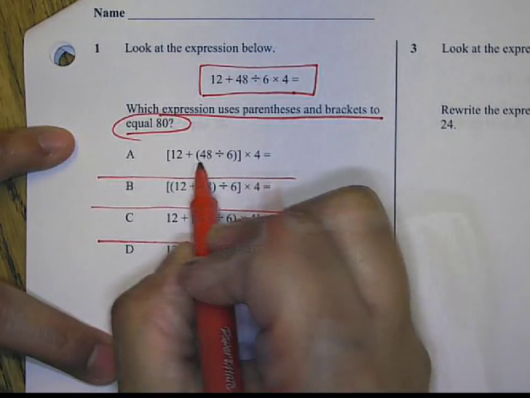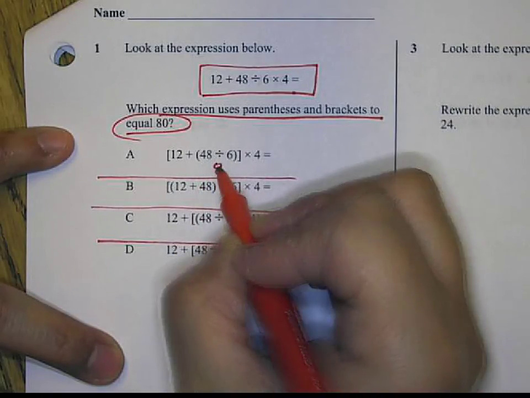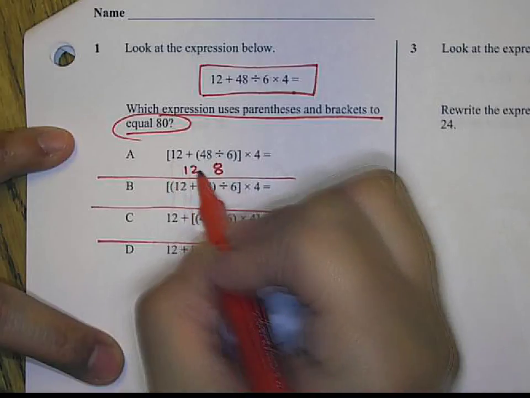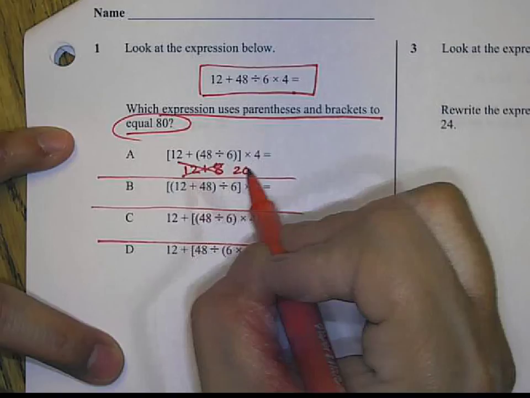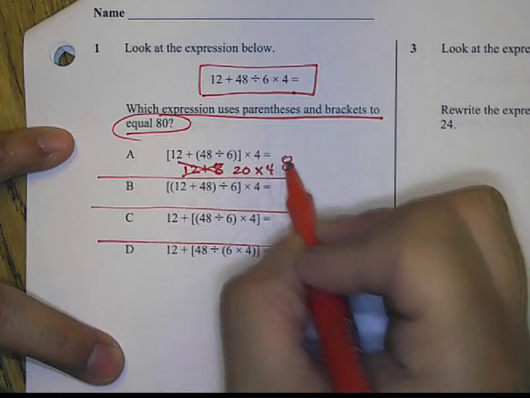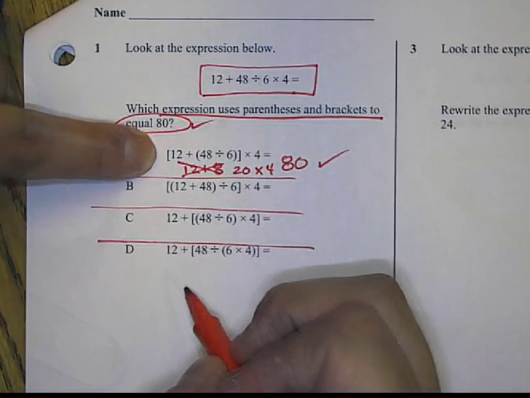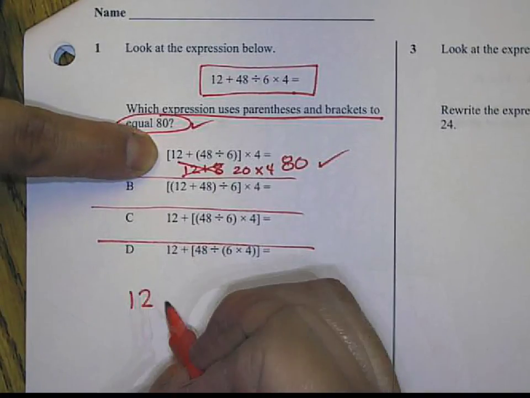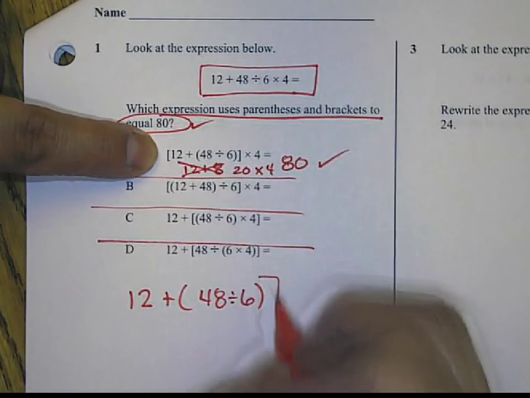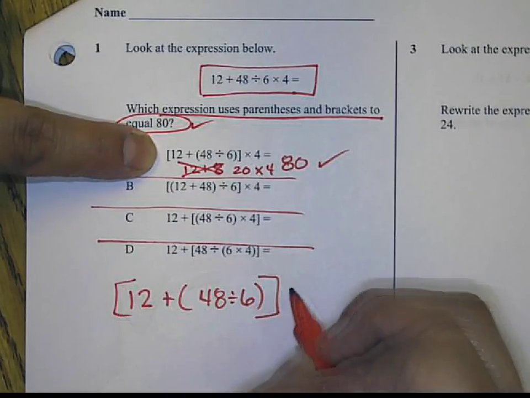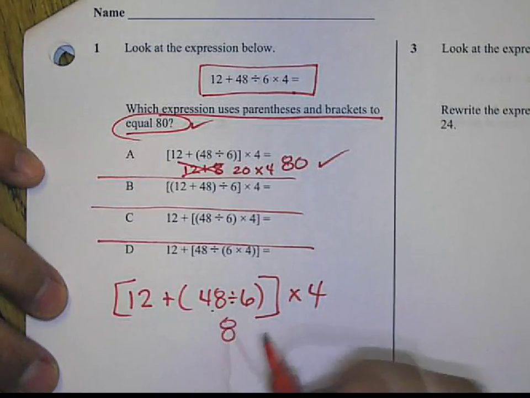Okay, starting with this. 48 divided by 6, 8. 12 plus 8, 20. Get rid of that. 20 times 4. Just double check it again. 12 plus 48 divided by 6 times 4. 48 divided by 6? 8.